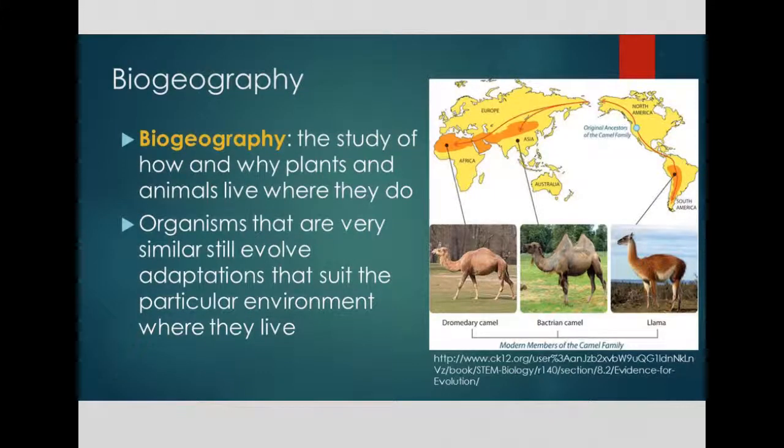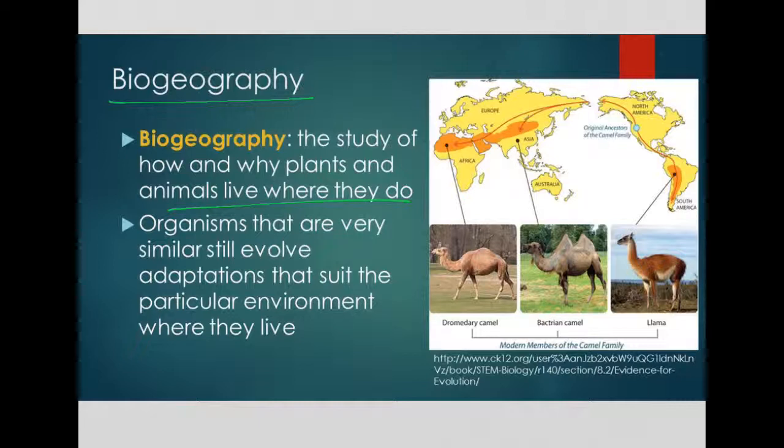The last piece that we're going to talk about is biogeography. It's the study of how and why plants and animals live where they do, and also how they have adapted to have certain traits that suit the particular environment in which they live.